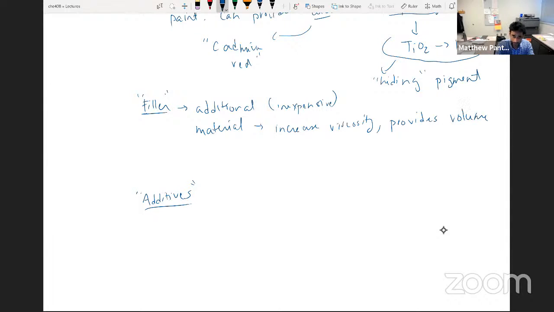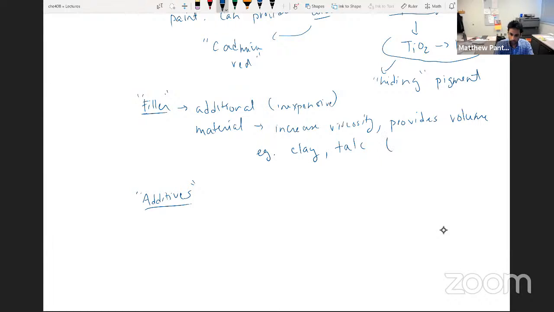Examples of this are things like clay or talc. Again, things we can get from the earth that are relatively cheap, that we can mine in sort of kiloton quantities in relatively high purity, and just pulverize and stick in there and disperse pretty well.